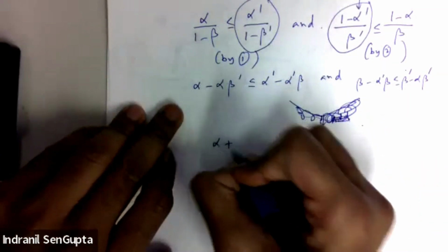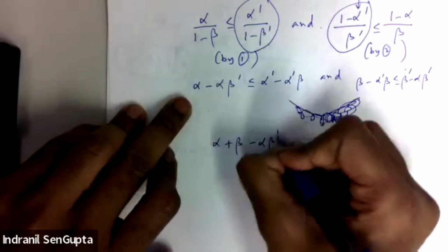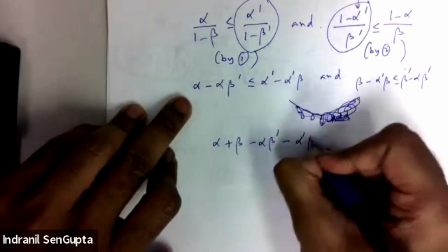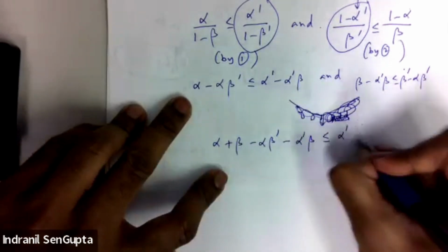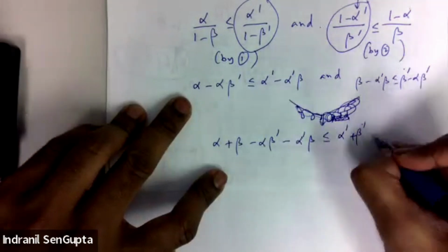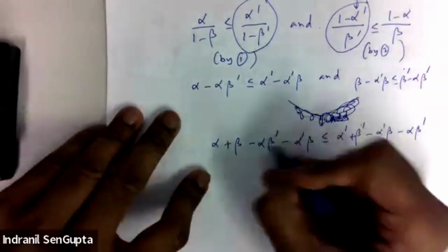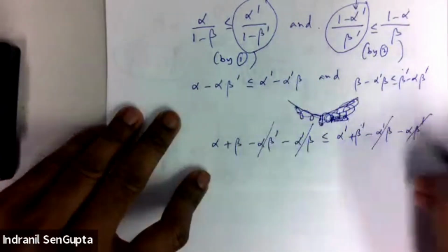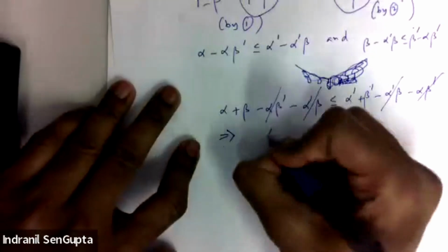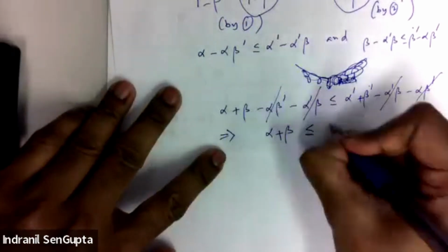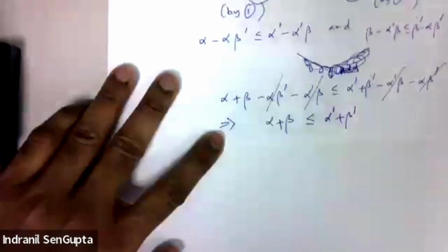So I have alpha plus beta minus alpha beta prime minus alpha prime beta is less than alpha prime plus beta prime minus alpha prime beta minus alpha beta prime. So you see that these terms cancel. So what we get is alpha plus beta is less than or equal to alpha prime plus beta prime.